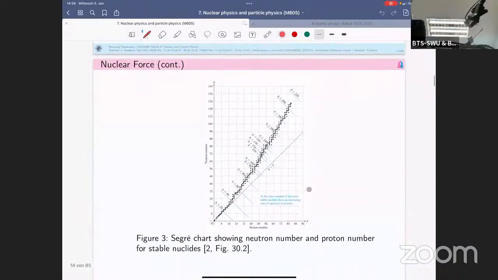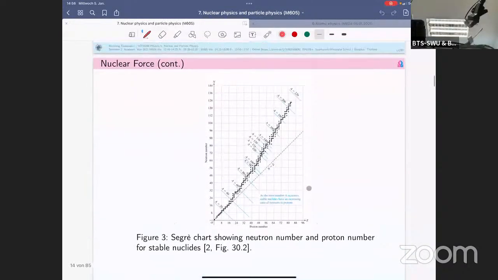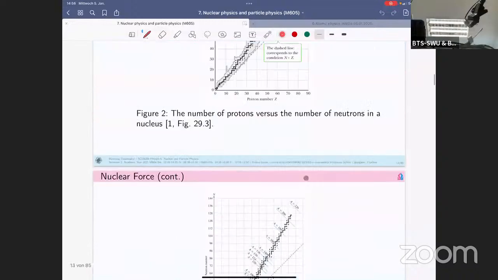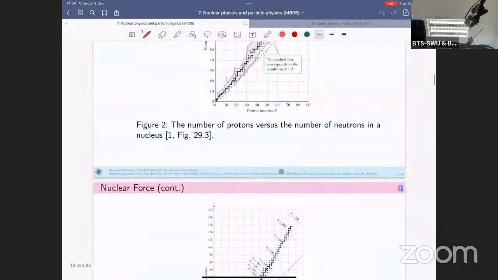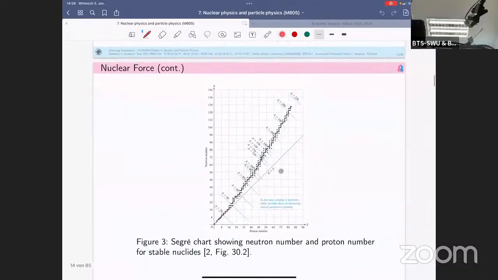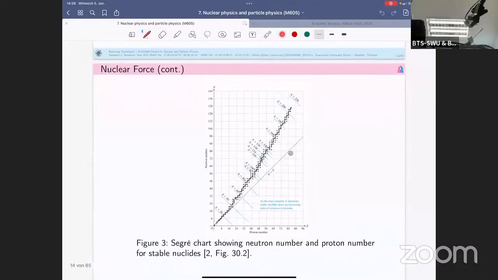Another way is the Segrè chart. This plot is known as the Segrè chart. This one is taken from book number 2, and this one is taken from book number 1. The dash line represents the N equal to Z situation, where the number of neutrons and protons are always the same for any situation, but it's not the case.